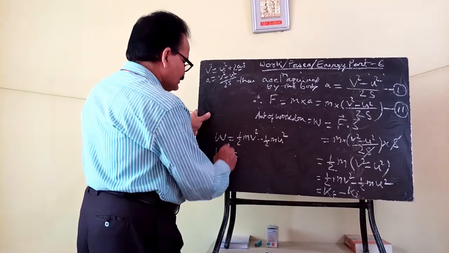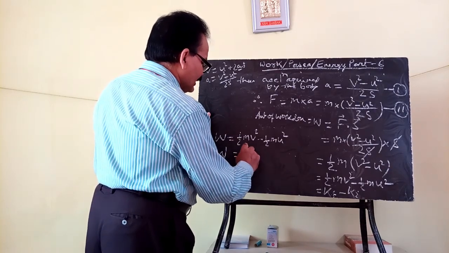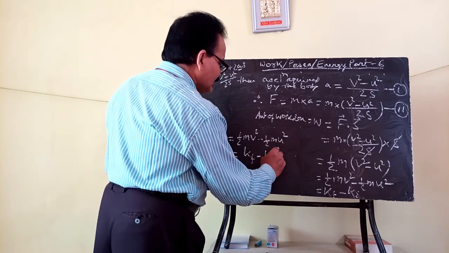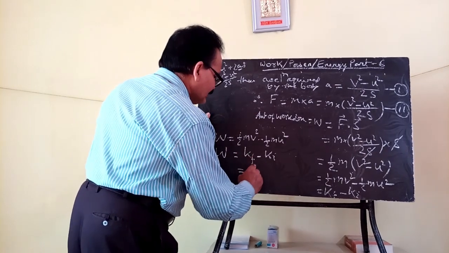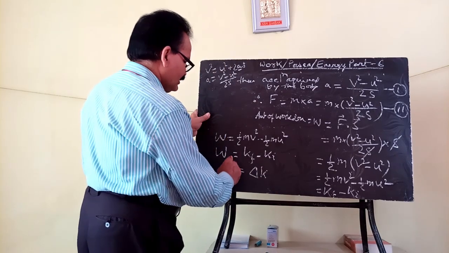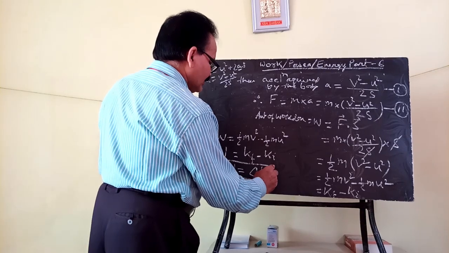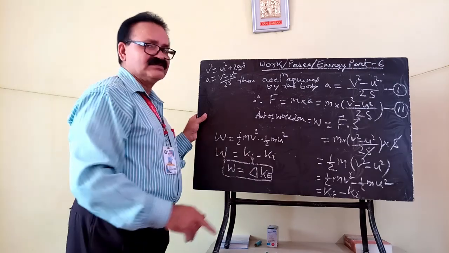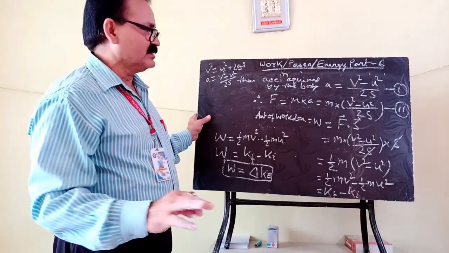That means this work done is equal to final kinetic energy minus initial kinetic energy. So this is the increase in kinetic energy, del K. The increase in kinetic energy is equal to the work done by the force on that moving body.